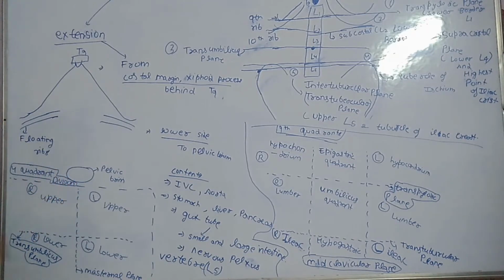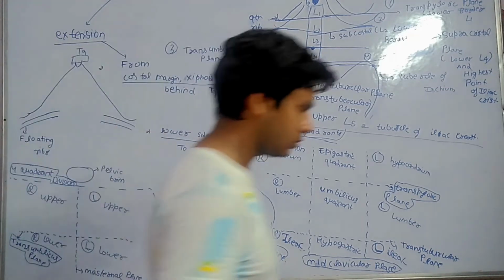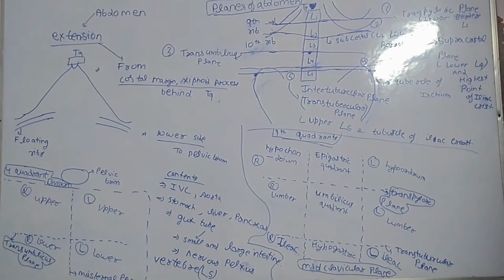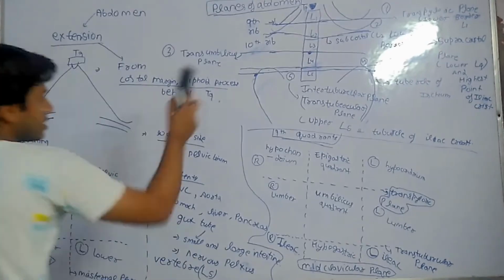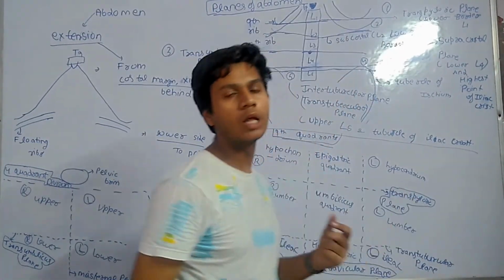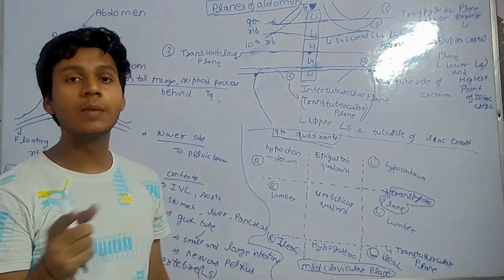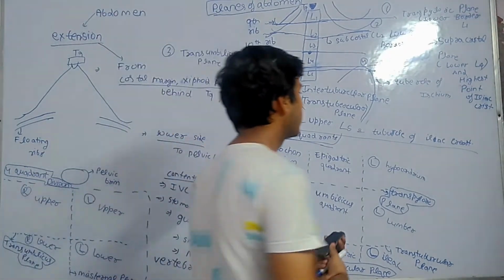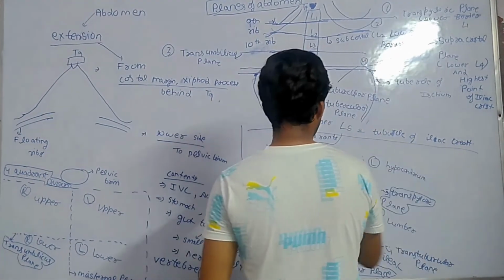Then, so these are some important points about the abdomen. Now come to the transpyloric plane. There are some points about the transpyloric plane. It is similar to the sternal angle plane in the thorax.